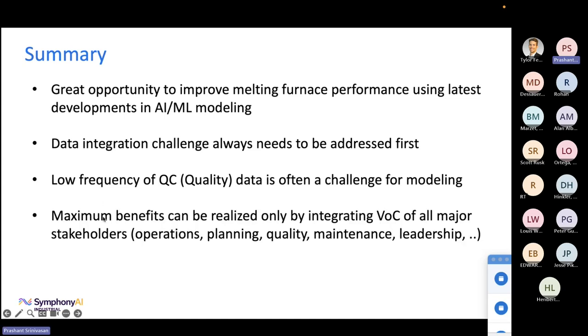Finally, we believe that the maximum benefits can be realized only by integrating the voice of customer from all major stakeholders. It is important to work closely with operations, planning, quality, maintenance, and the digital leadership so that the solution that is deployed meets the requirements of the end customer, and also that there is acceptance.